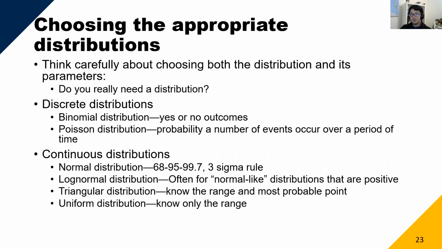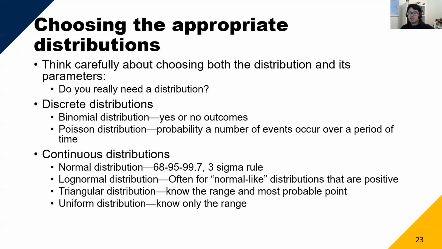You can have a log normal distribution. This often describes values that have to be positive. So a log normal distribution ensures that you don't go below 0.